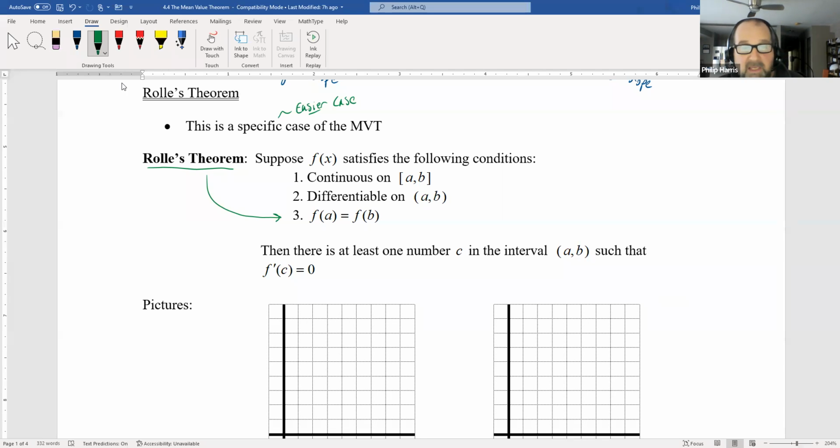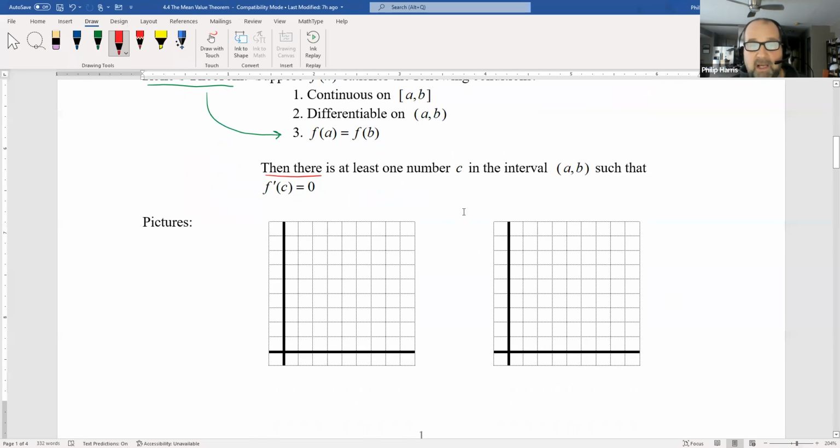So if those things are true, then this is the conclusion: there is at least one number, call it c, in the interval from a to b, such that f prime of c equals 0.